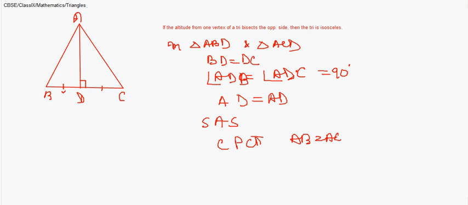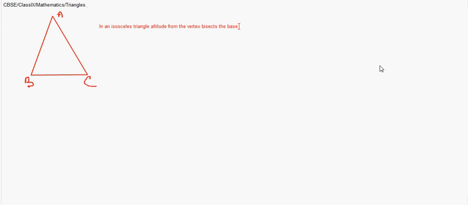We move on to another theorem. This is just the converse of what we discussed just before. This is ABC. It says in an isosceles triangle, the altitude from the vertex bisects the base.